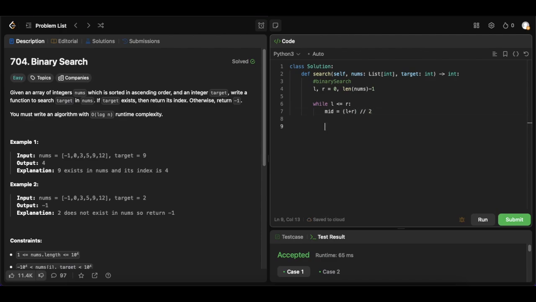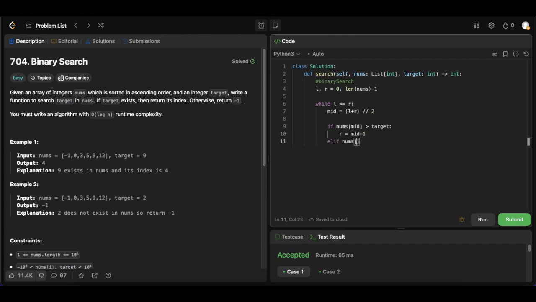So we have found our mid-index. What we're going to do is compare the number at this mid-index to our target. If our target is smaller than whatever number we have found, then we know that we can discard the right half of the array because the numbers are in ascending order. Therefore, we can make our right pointer equal to the mid-pointer minus 1.